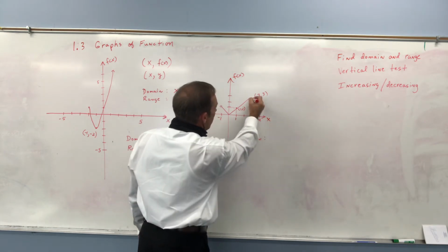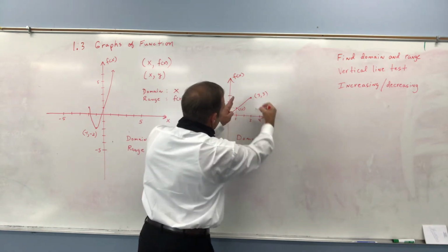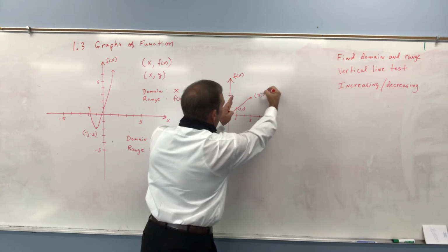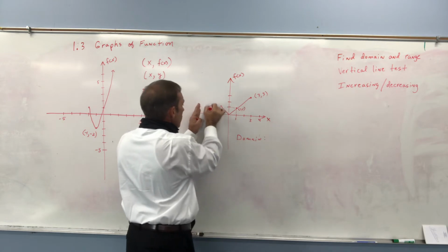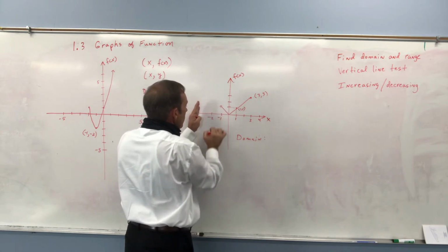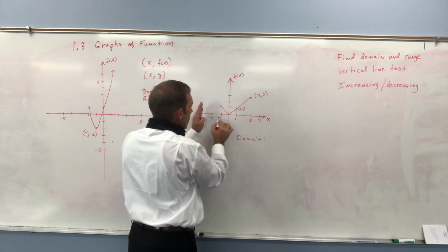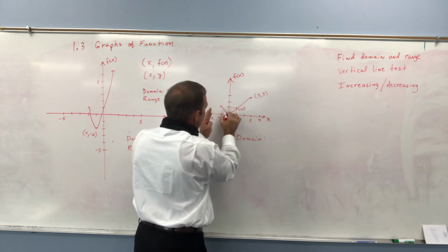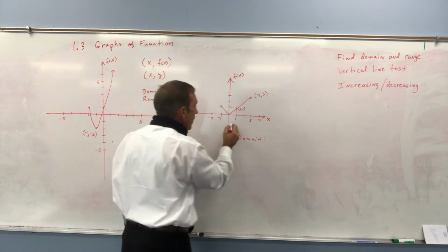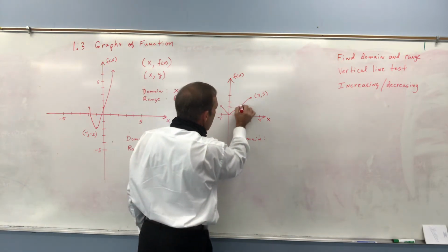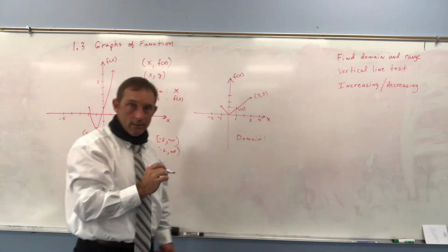Well, no, because the graph stops here. If you were to go vertically up from 4, you don't hit the graph. If you were to go vertically up or down from -2, you don't hit the graph. What about -1/2? Yes, so it is used. It is part of the domain. What about 1/2? Yes, so it is part of the domain.